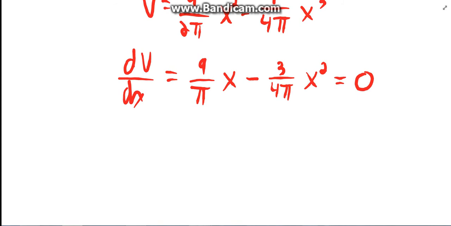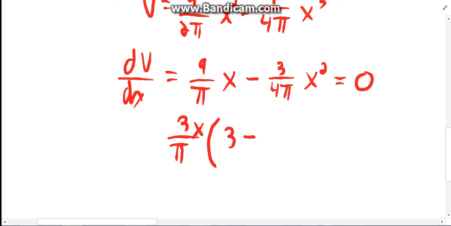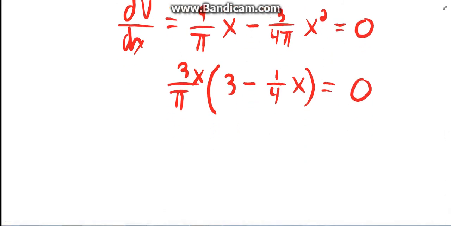We can also factor out an x. That's going to leave us with a 3 here, a 1/4 x here. If you multiply back in, you get 3 over 4 pi x squared and 9 over pi x. So we get 2 answers. x is 0, and from the other one we get x is 12.